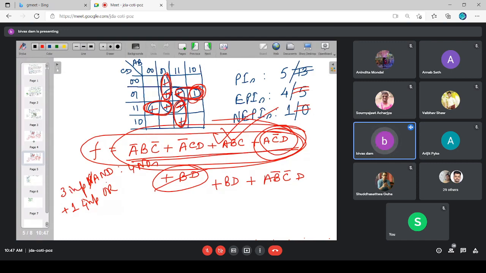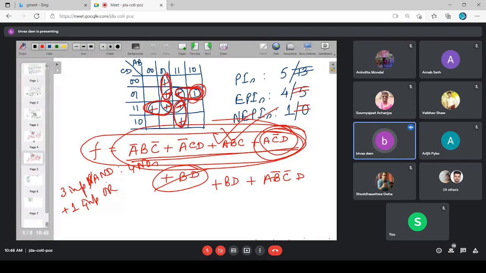So after inclusion of the essential PIs, if there are any leftover ones, those cells are to be covered by a judicious choice from amongst the non-essential PIs. Now, when you are taking a judicious choice from these non-essential PIs, you may find that there might be more than one possible answer.